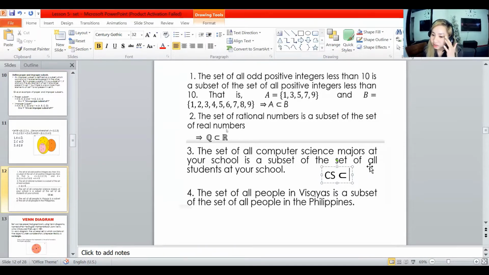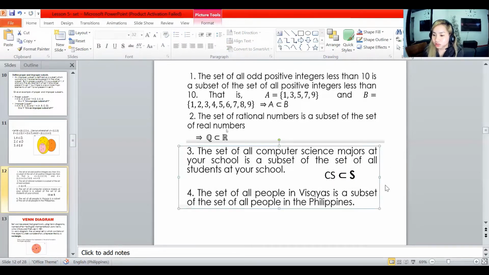And then lagay natin si all students sa school. Ganyan na lang. So, CS is a proper subset of students at your school. So, again, si CS po is nasa loob ng set ni all students at your school. Yan, ganyan siya kapag mathematical notation.